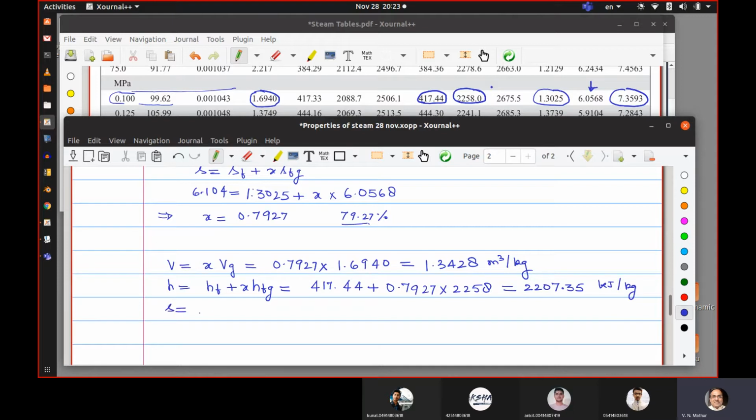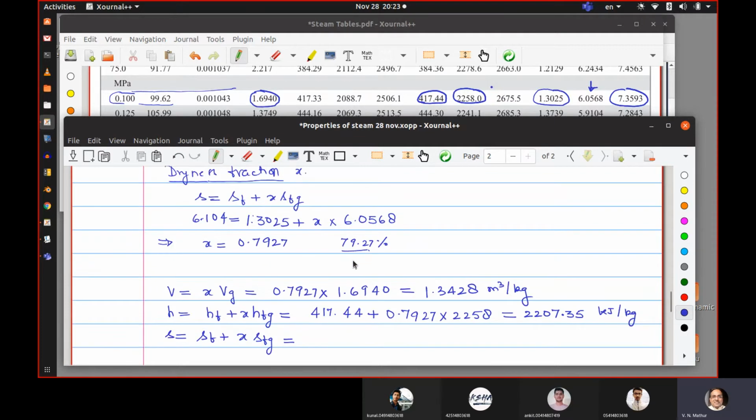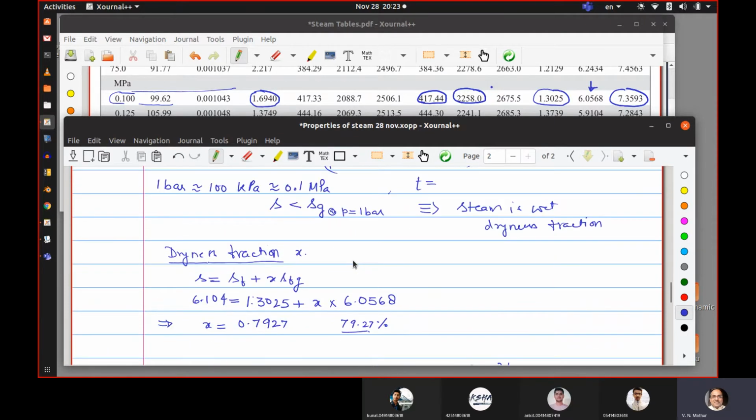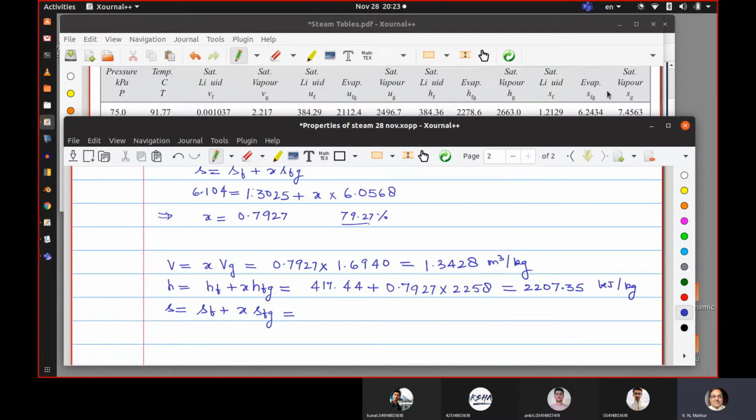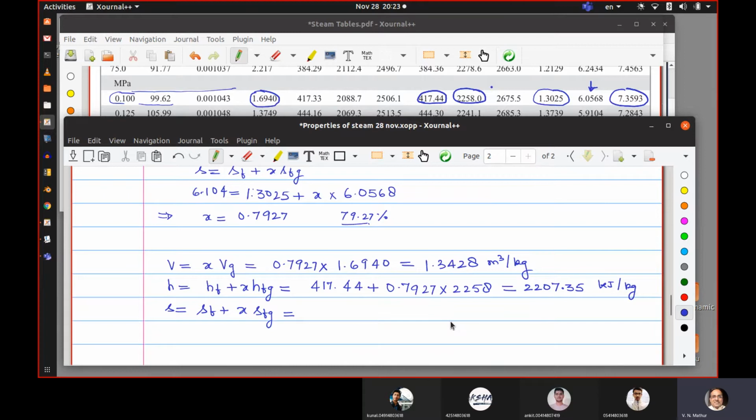Now entropy, a similar formula: SF plus X into SFG, talking about 1 bar now.